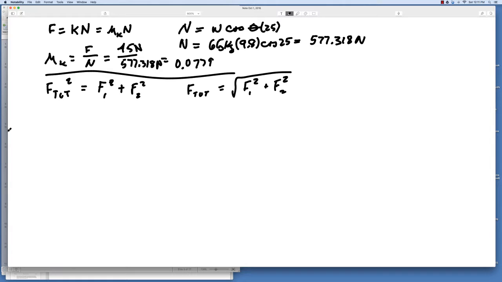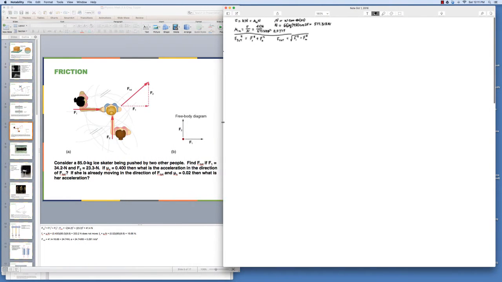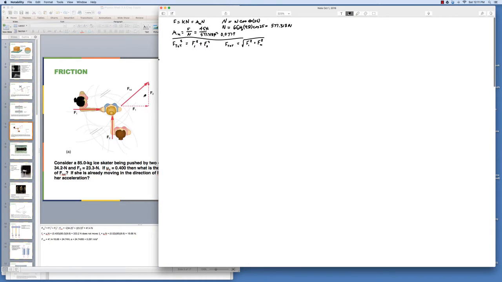And let me move this over this way so that you can see where I get this. You can see that F1 and F2 are here, so that F1 squared plus F2 squared is going to be F total squared.